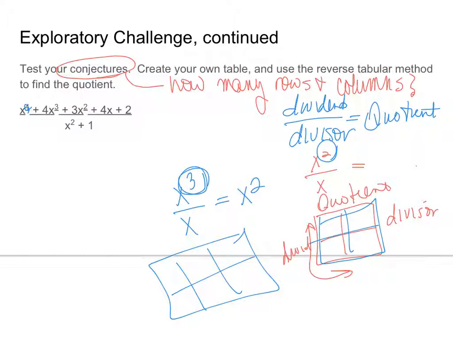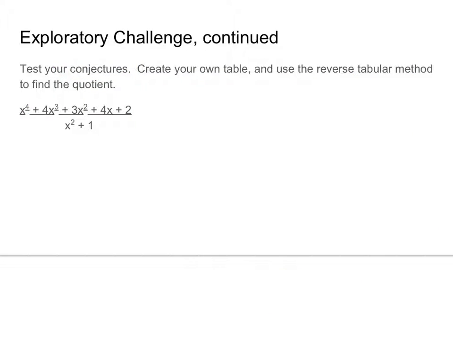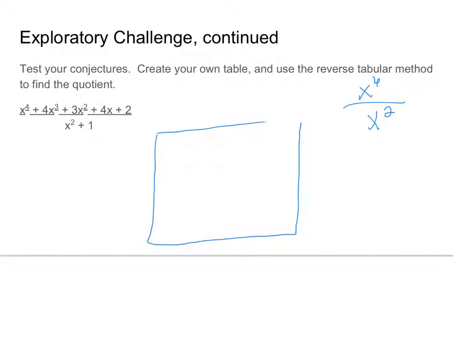So let me erase this. What do you think we need with the top of our fraction being a fourth power? How many do you think we need? Okay, the top is a fourth power. We're x to the fourth, we're x squared. We're actually going to use a 3 by 3.